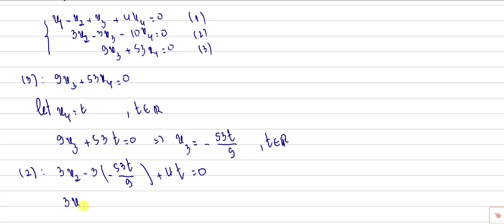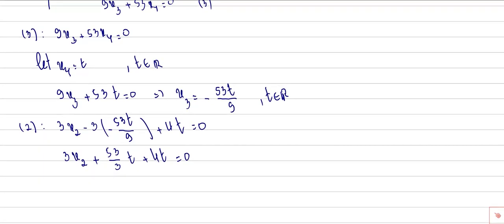So I have 3x2 equal to minus 23t over 3.